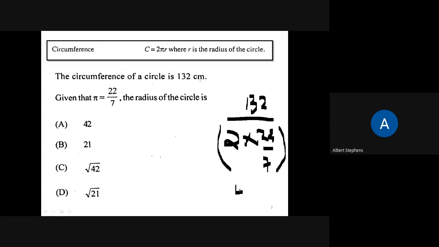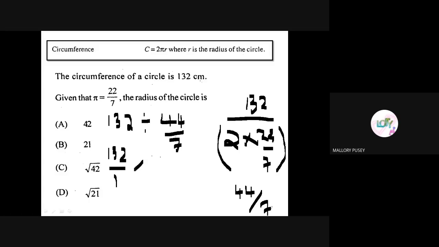That's actually 44 over 7, true? Yeah, that's 44 over 7. So we have 132 divided by 44 over 7. What do we do when we're dividing fractions, guys? What do we do with the division sign? You turn it to multiplication and reciprocate the fraction. You flip it over.